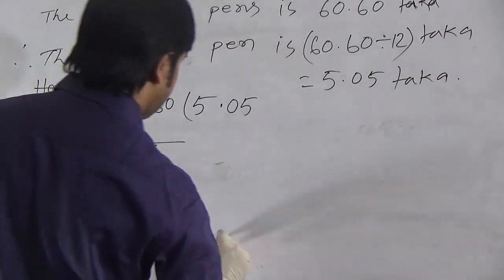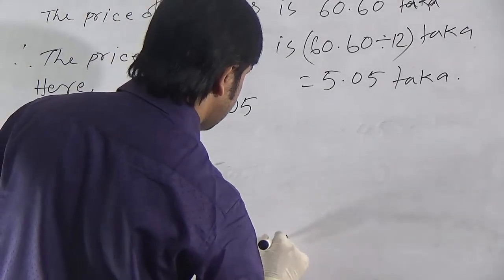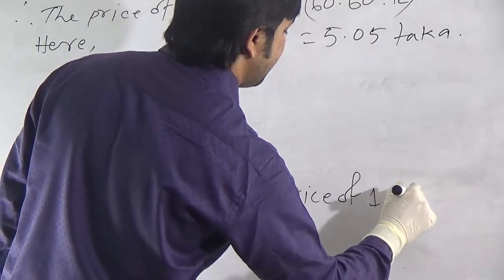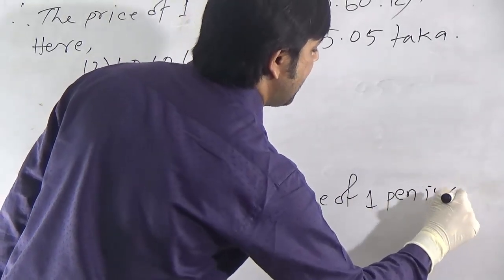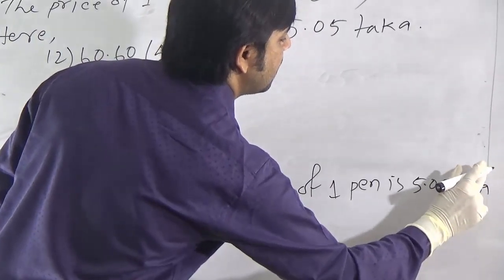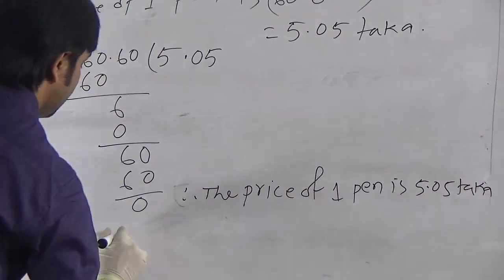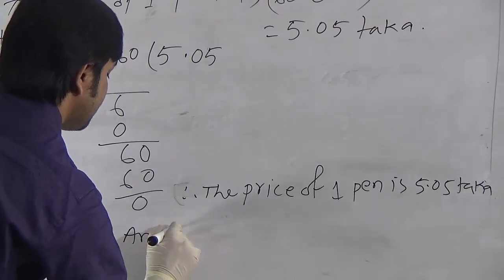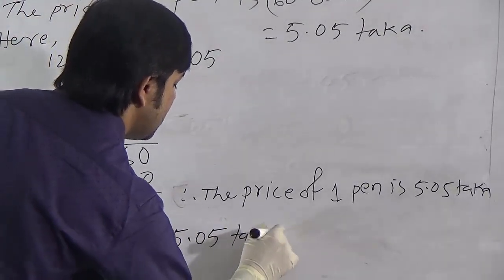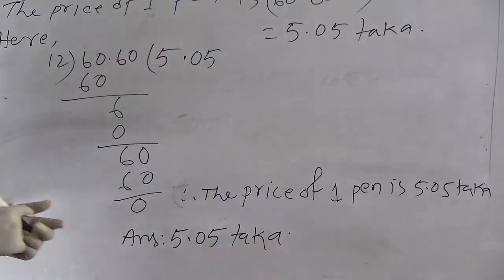We can write therefore the price of one pen is 5.05 taka. So our required answer is 5.05 taka. This is the solution of question A.